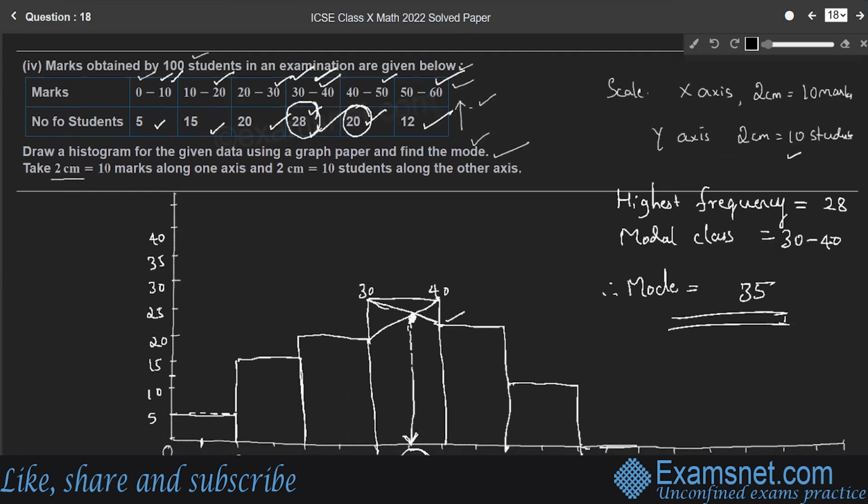So we have drawn a histogram to represent the given data, and using graph paper the mode can be calculated like this by taking the upper and lower limits of the highest frequency. The respective class is called the modal class.